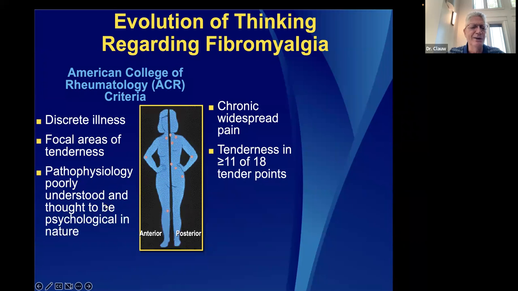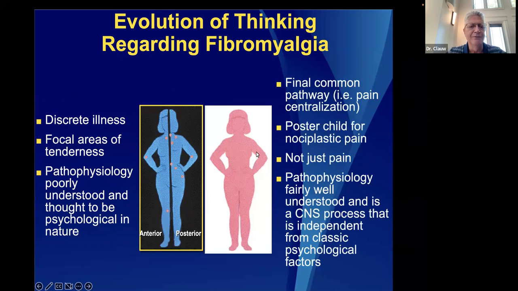There were a lot of things wrong about the early versions of fibromyalgia, that you had to count how many tender points people had, but a more contemporary view is that it's really the poster child for a new mechanism of pain that we didn't really understand until the last 10 to 15 years.